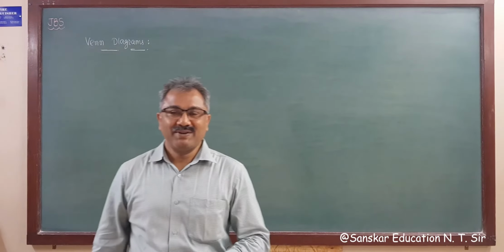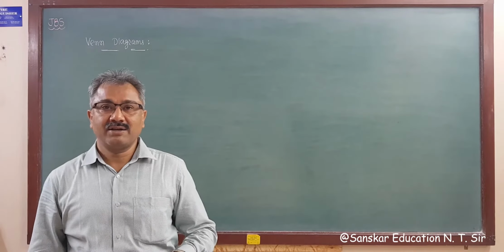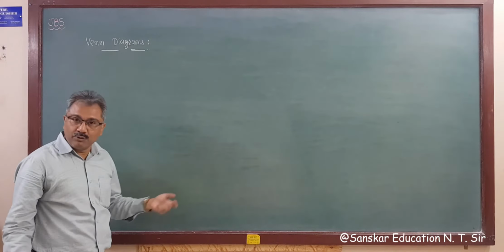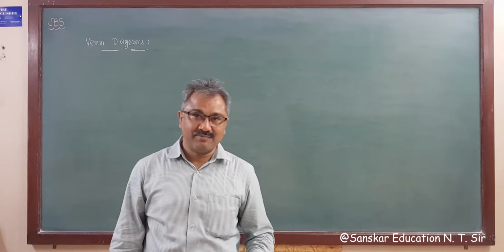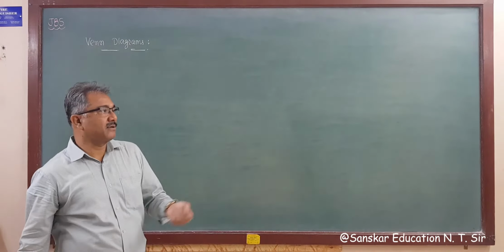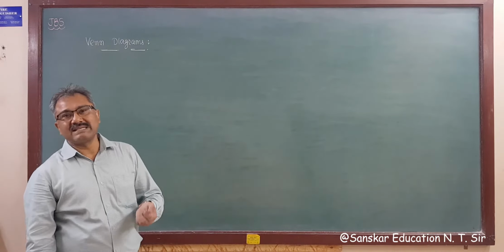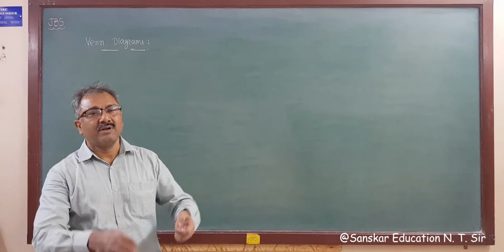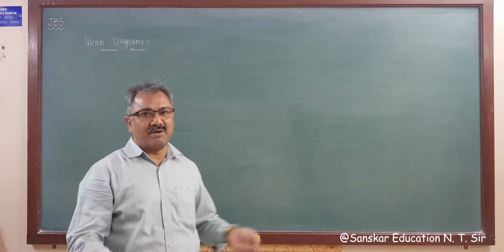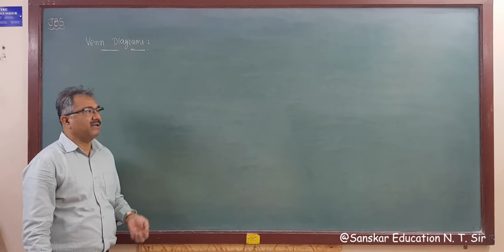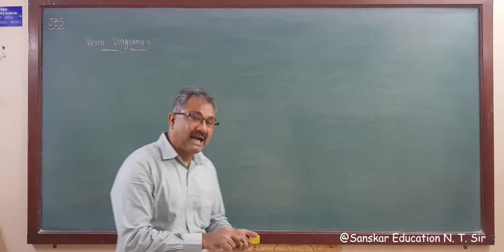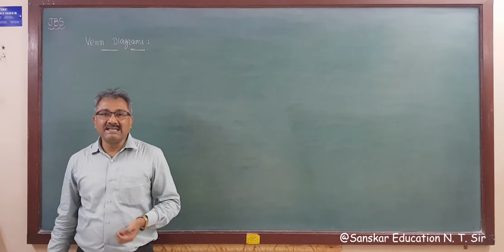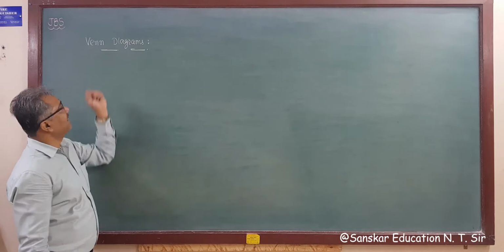Okay? So now we are going to discuss Venn diagrams, and you know what a Venn diagram is, right? Generally, the relationships between two sets, or 3 sets, 4 sets, whatever it may be, are represented by means of some diagrams, and that diagram is known as a Venn diagram.